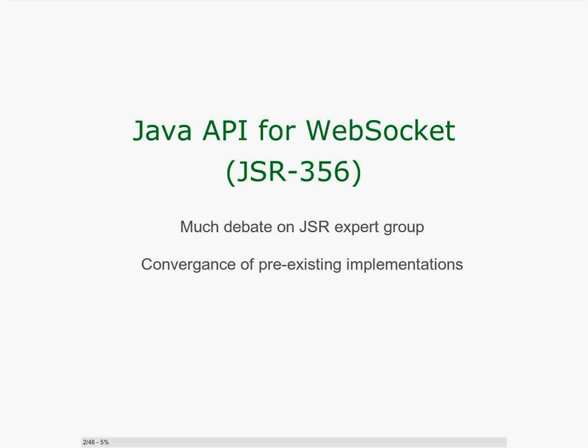That, of course, resulted in a lot of debate in the JSR expert group, since the initial versions, the existing implementations, were to a large degree essentially experimentation with WebSockets for a while, until finally we arrived at something which is being discussed and debated across. As a result, all the WebSocket engines in those servlet containers have actually been rewritten completely.